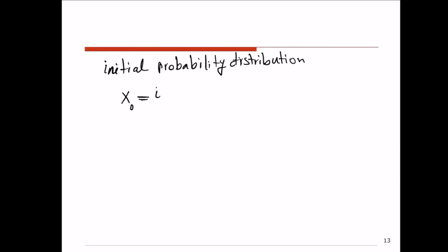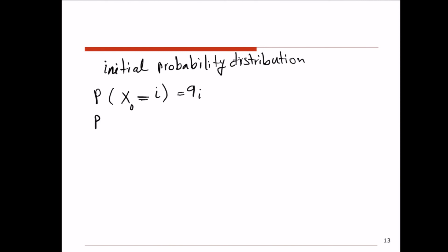So let's say I call it state I. The probability that at time 0, at the very start, the system is at state I, I'm going to show with Qi. If I have this probability for all those possible states, I can list them.